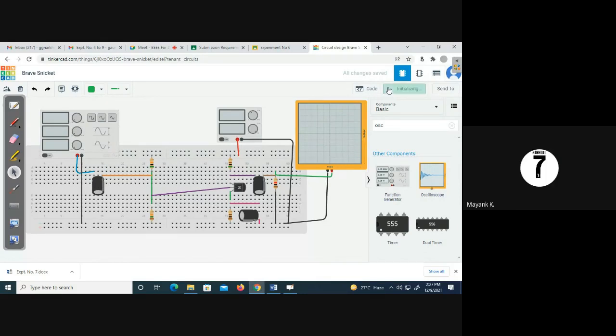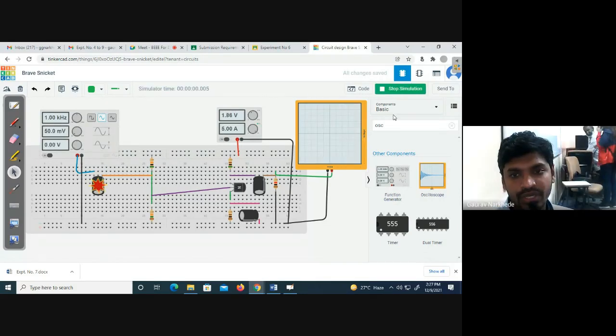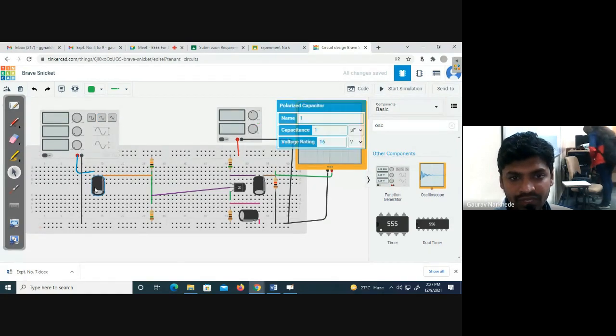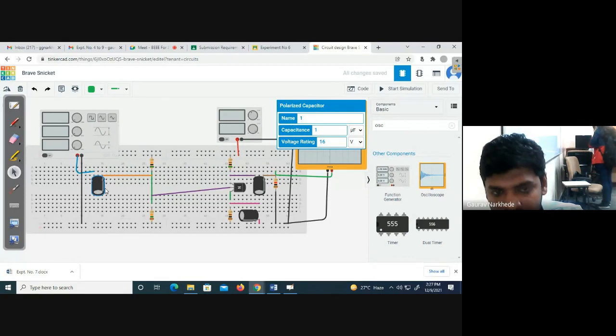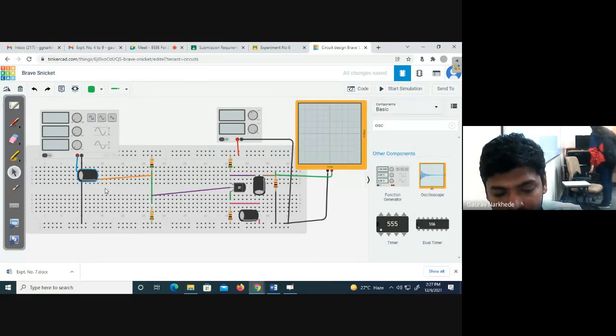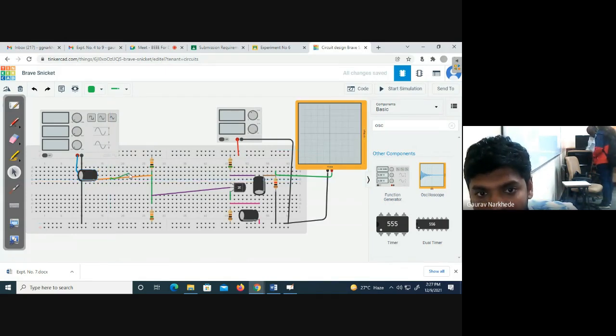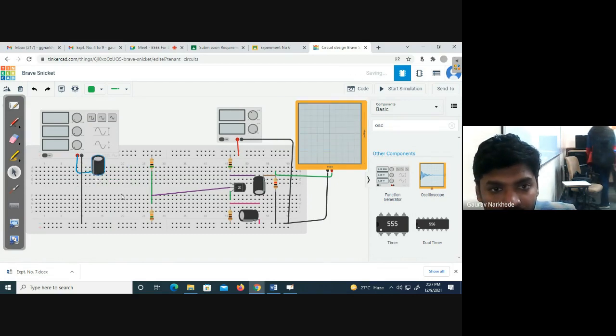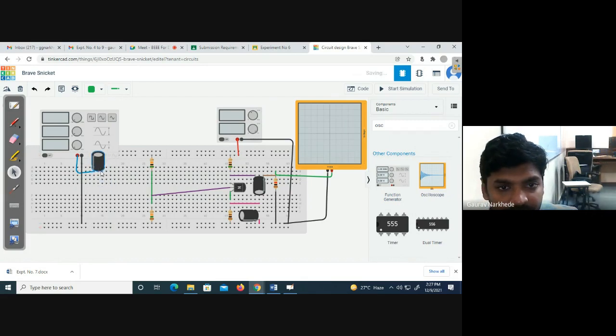So the problem is that the polarity is reversed, so I will reverse it. Just connecting it between this, and this terminal is connected here.